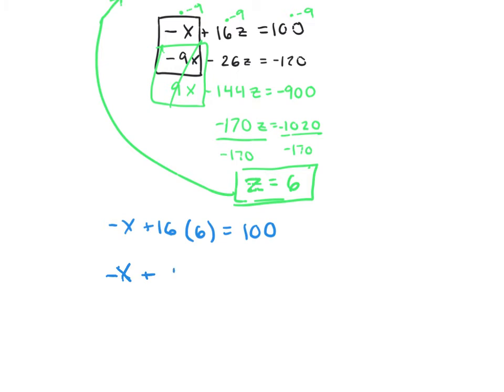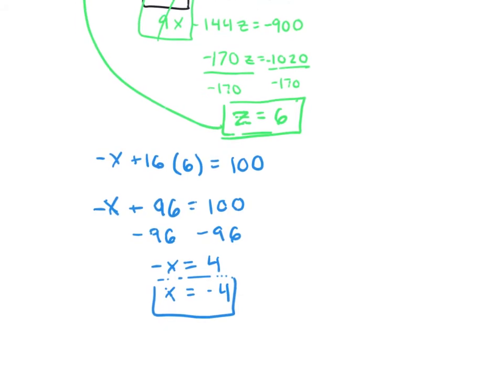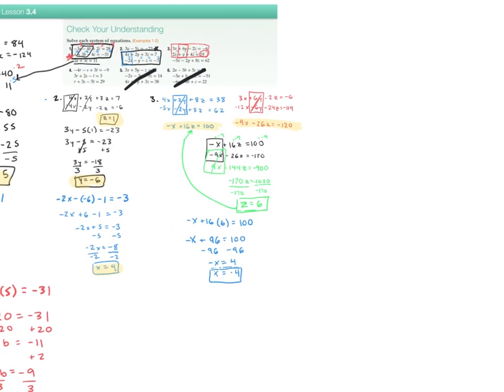So then what is x? Perfect. So x is equal to negative 4. Now we have z and x. So how do we find y? Plug it into one of our original problems.